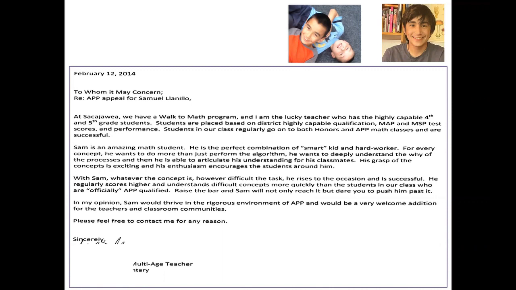And that you can either unmute or put in the chat, why did I use this as an example? What are some characteristics of this letter that you could generalize to letters about medical students? What's good about this letter? Not what's good about Sam. Sam's awesome, but what's good about this letter?